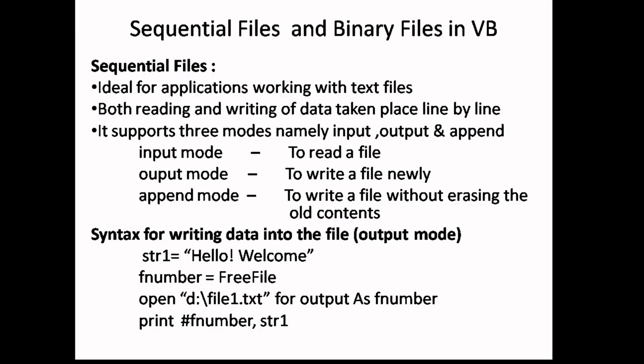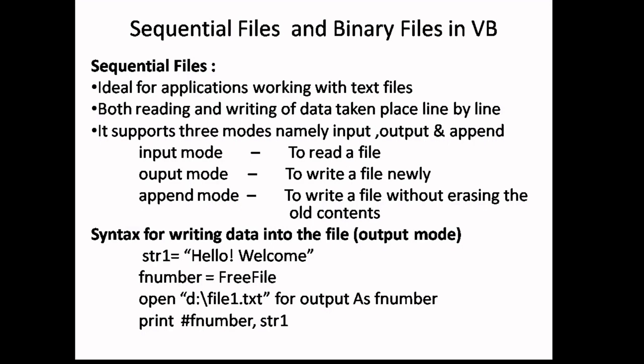FreeFile should be used for assigning some unique number to the file. The system will automatically assign the number with the help of the method FreeFile. That number is assigned to the variable fnumber. So whenever you want to refer to file1.txt, we have to give the variable fnumber.